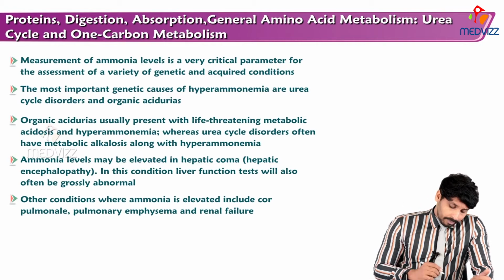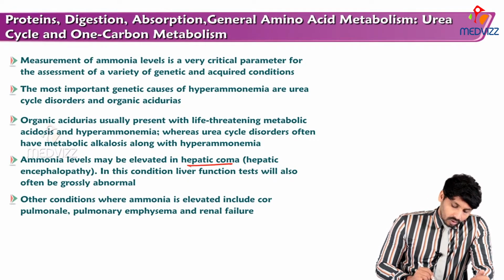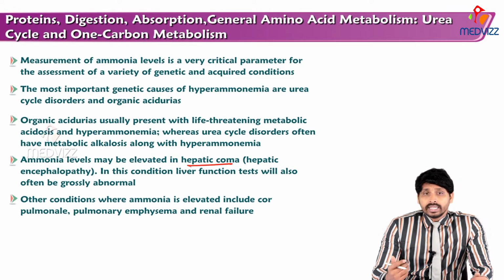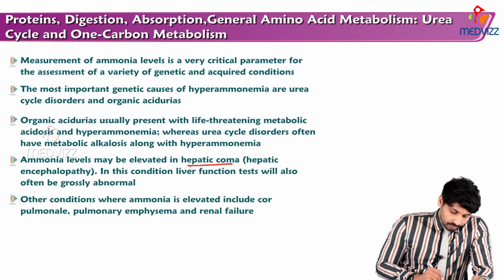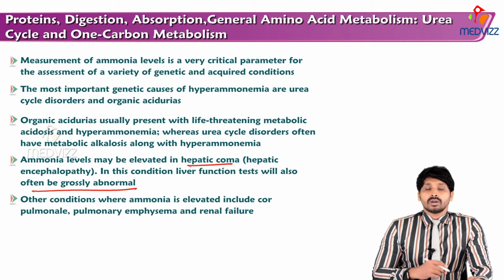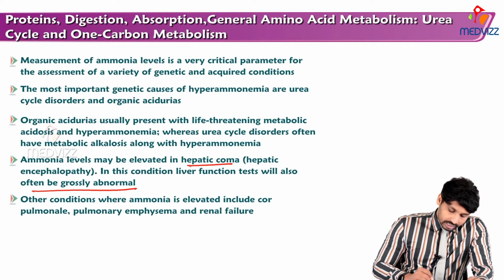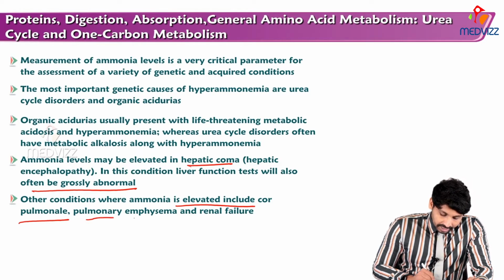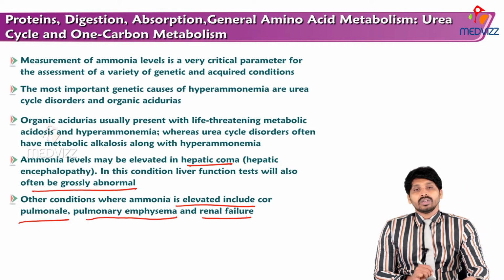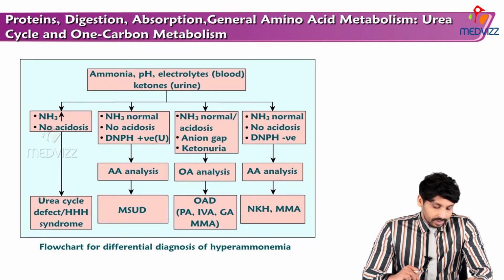Ammonia levels may be elevated in hepatic coma, like hepatic encephalopathy. In this condition, liver function tests will also often be grossly abnormal, because ammonia, as I told you, is metabolized by the liver. Other conditions where ammonia is elevated include cor pulmonale, pulmonary emphysema and renal failure.